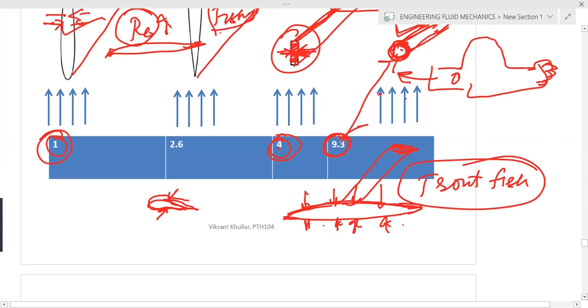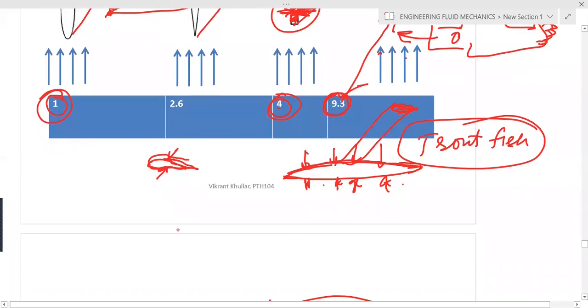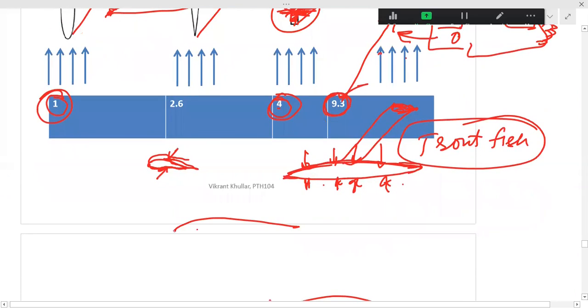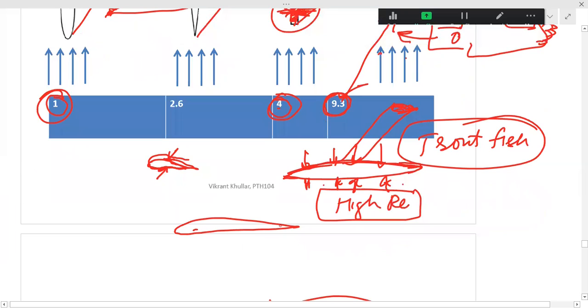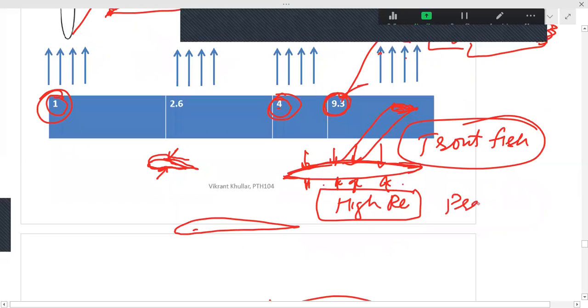Now let me know, there's a follow-up question. If an object is perfectly streamlined at high Reynolds number, what will be the pressure drag? It will be nearly 0. Yes.